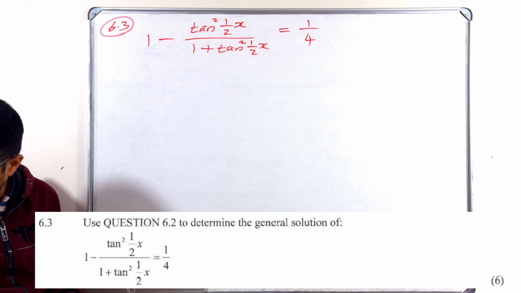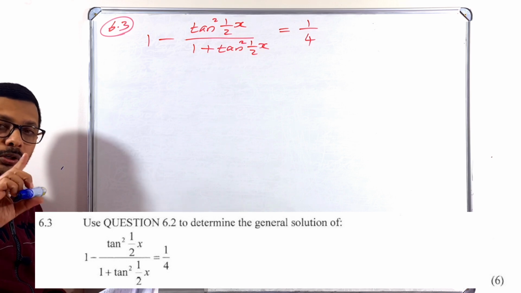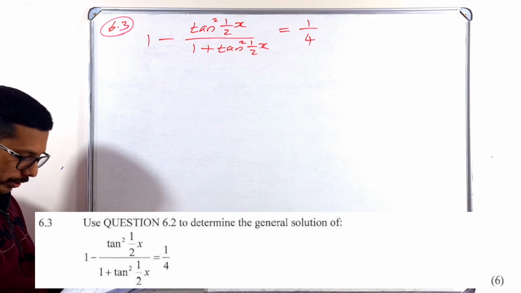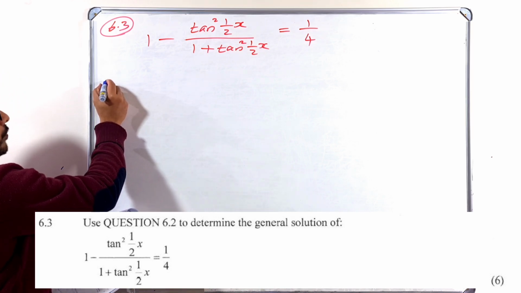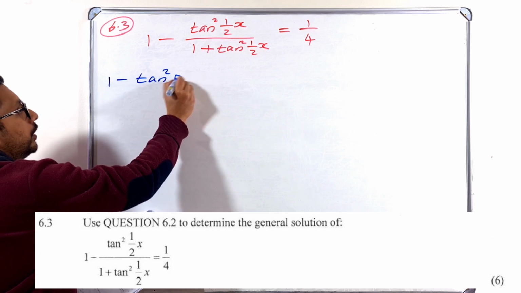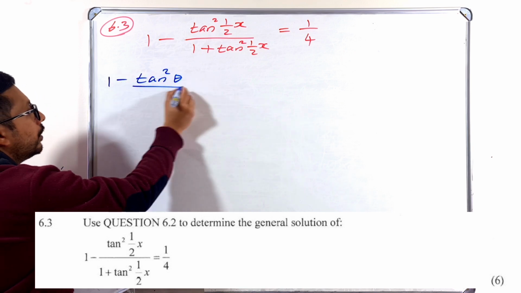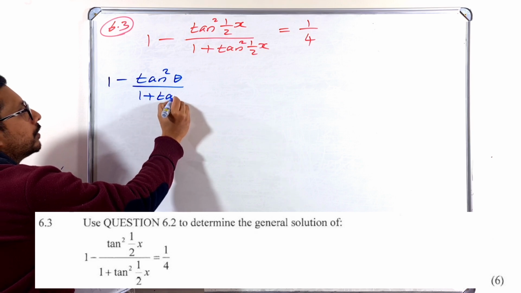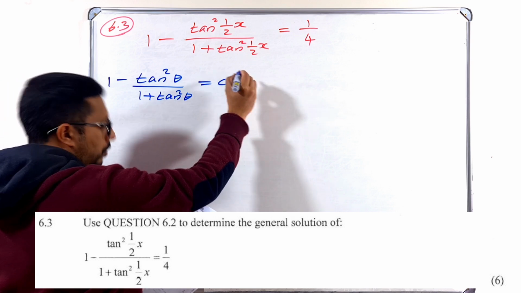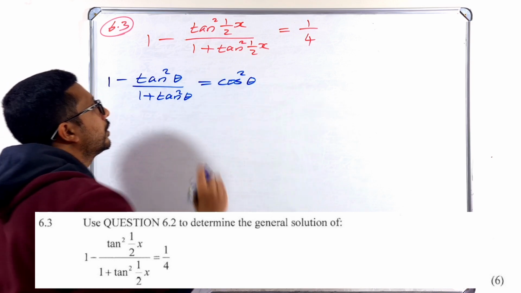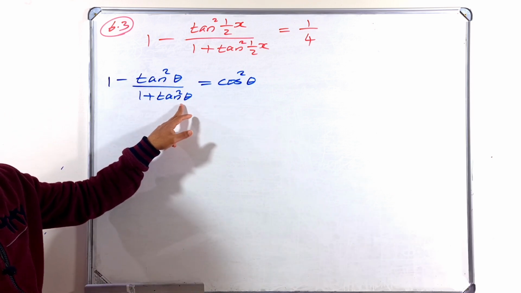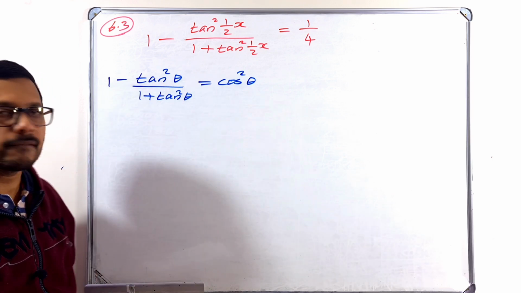Before that, use question number 6.2. What is question number 6.2? What we already proved there is that (1 minus tan squared theta) divided by (1 plus tan squared theta) is equal to cos squared theta.